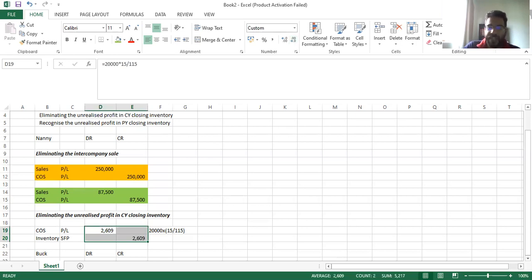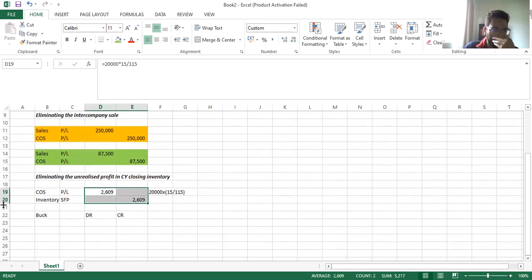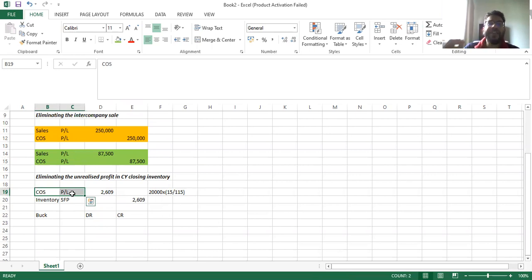As you can see over here, there's a change in profits. Why? A debit to cost of sales means you're increasing cost of sales. Cost of sales is an expense. Therefore, if you're increasing cost of sales, you're increasing an expense. An increase in an expense decreases profit.